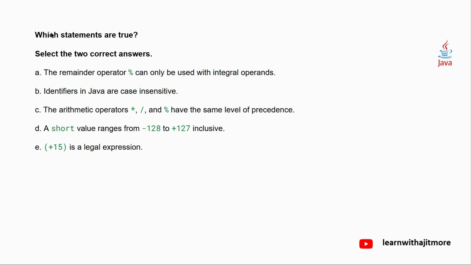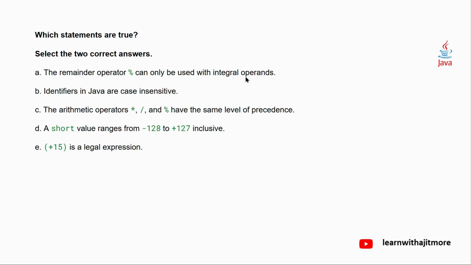Then the next question: which statements are true? Select the two correct answers. Checking the first one, the remainder operator mod. Remainder and reminder are two different English words. This is remainder, whatever remains. And when we remind something, we put a reminder. So the remainder operator mod can only be used with integral types. This is not true in Java. This is true for C, C++.